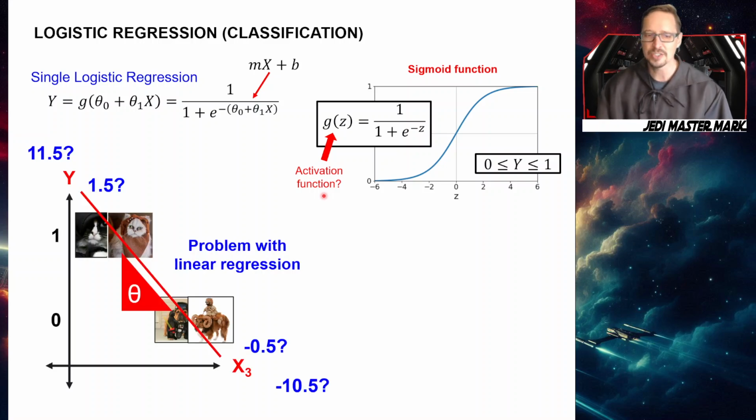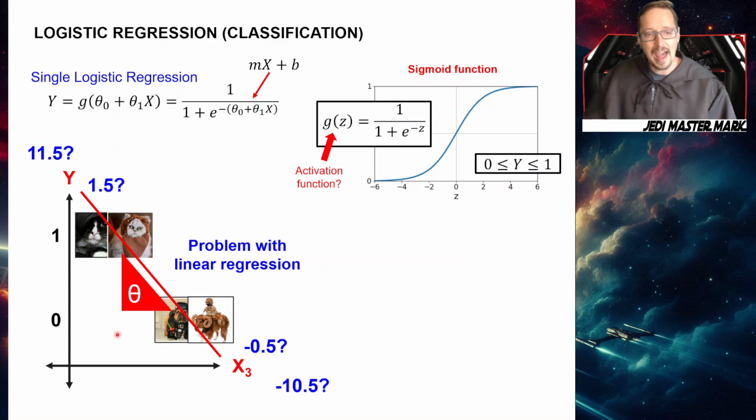So why not linear regression for these problems? I showed that simple example right off the bat where we had these cats and dogs dressed in Star Wars outfits, and if you recall, we had some output responses that went above 1 and went below 0. What happens with that is, since you only have this sloping line, as you have these very high values, the loss function is going to be a lot, right?